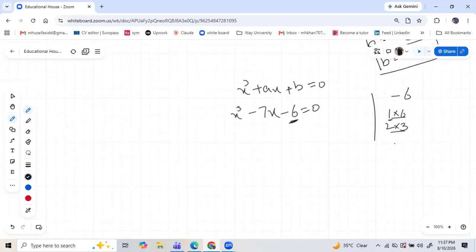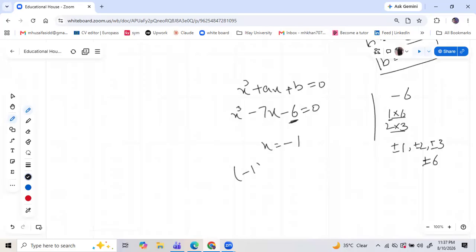First of all, here we have plus minus 1, plus minus 2, plus minus 3, and plus minus 6. Here we are setting x equal to minus 1.